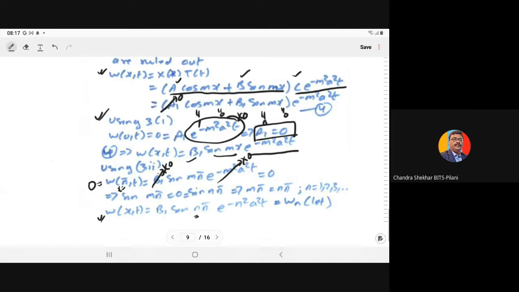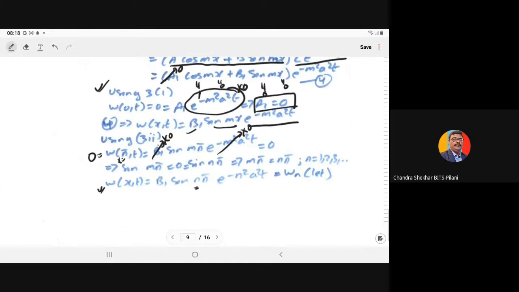Let's say it is wn, and instead of b1 we take bn. So wn is equal to bn sin nx e to the power minus n square a square t, for n equal to 1, 2, 3 and so on.